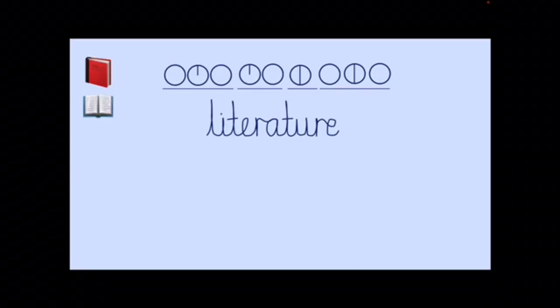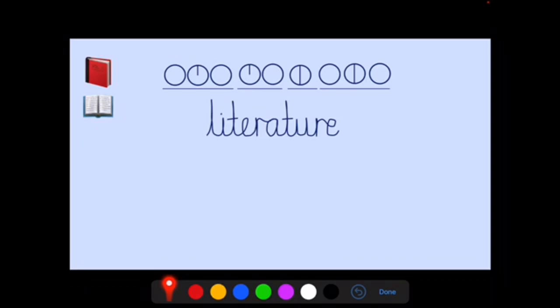Now, at this point, I think you know enough to handle the fact that sometimes we say literature. So we would have needed just a short vertical line for a short vowel sound as that syllable.